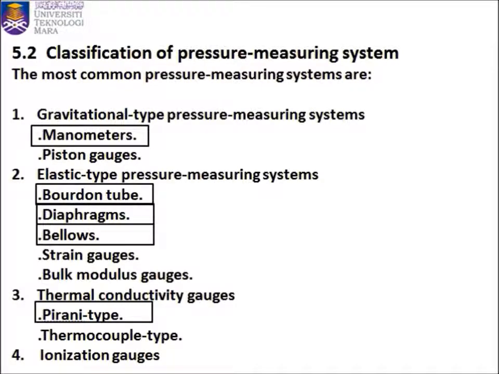Examples are Bourdon tube pressure gauge, diaphragm pressure gauge, bellows, strain gauge, and bulk modulus gauge. Next are thermal conductivity gauges, like the Pirani type and thermocouple type. And the last one is the ionization gauge.